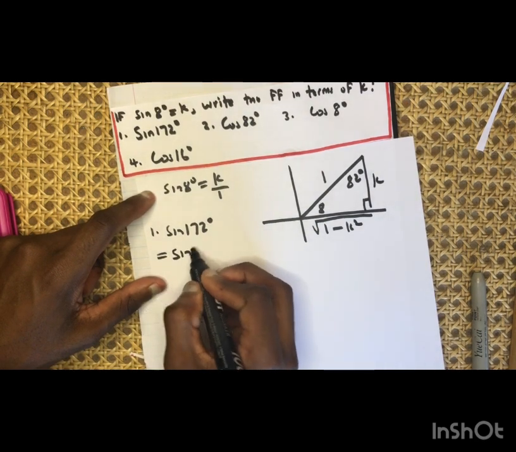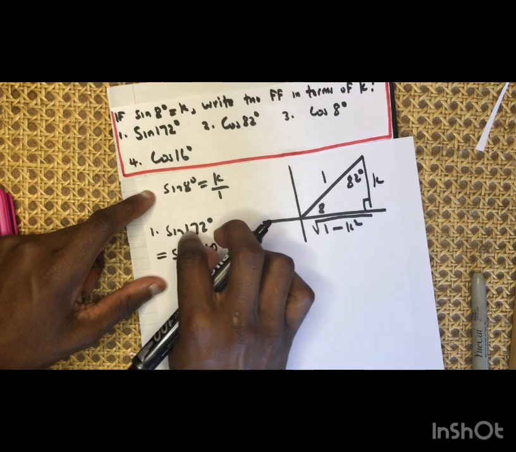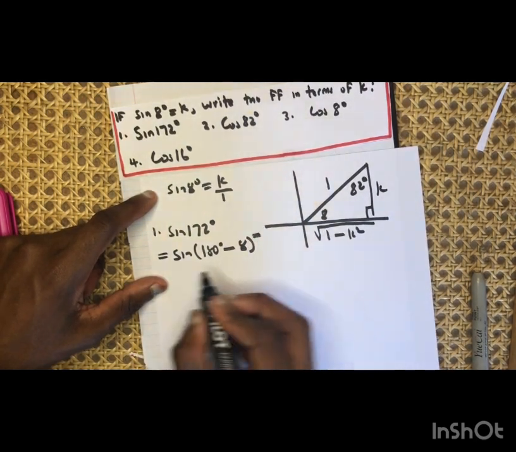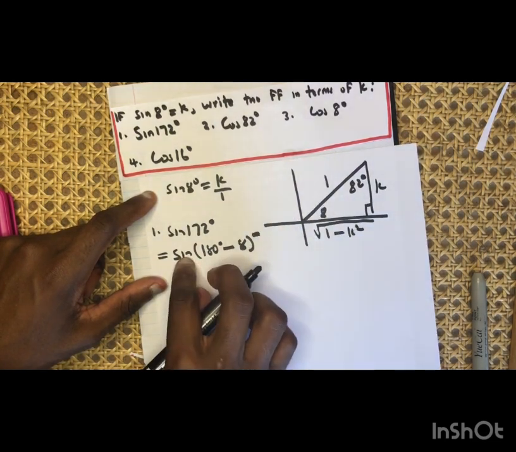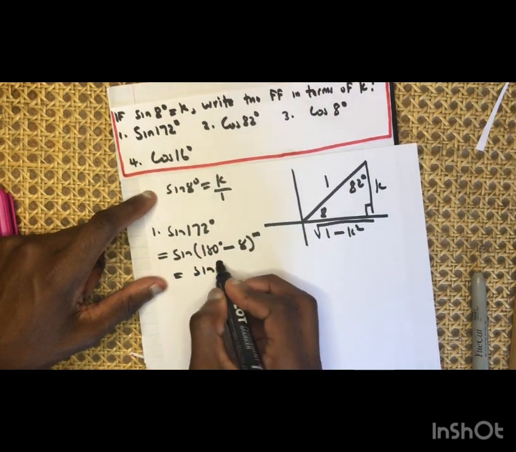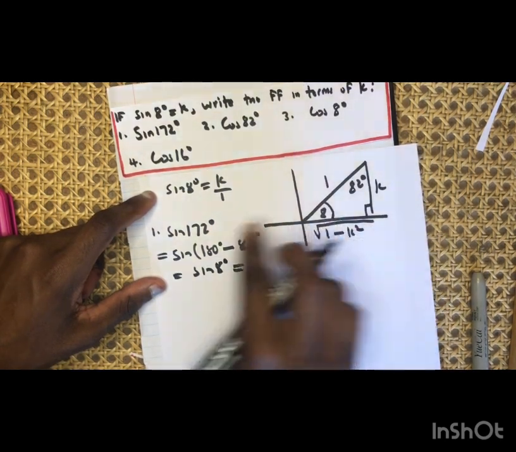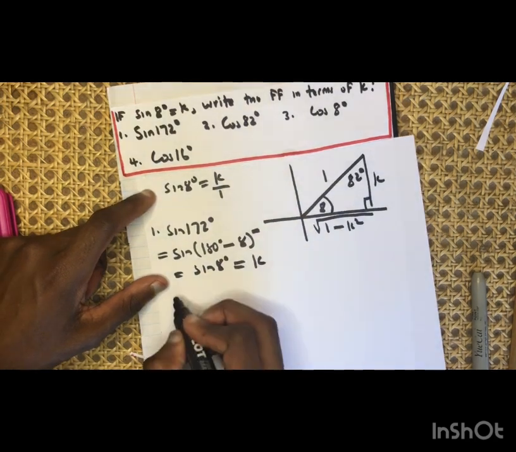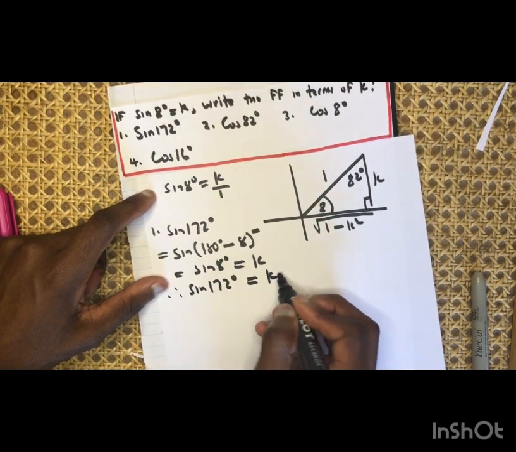So it's going to be sine 180 degrees minus 8, and I will still get 172. So 180 minus is on second quadrant and the sign is positive, so it's going to be positive sine 8. So fortunately, guys, sine 8 was given to be equals to k. So now I can say this is k. So therefore sine 172 is equals to k.